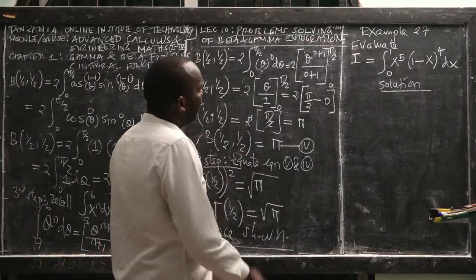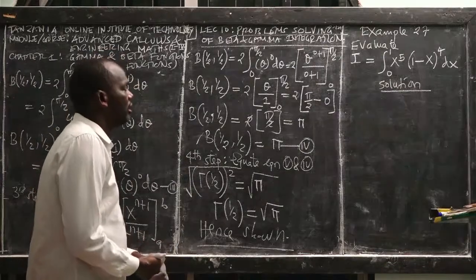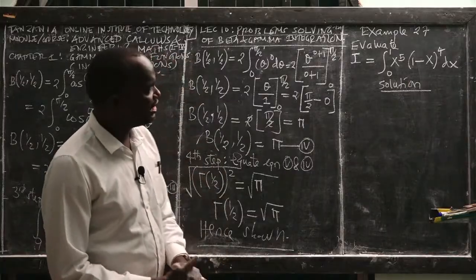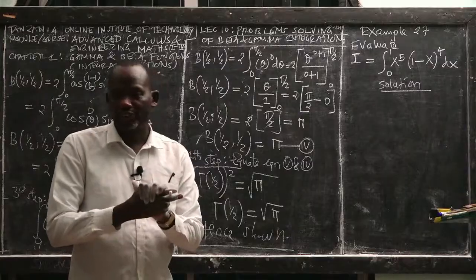Solution. Before you solve beta integral function, please examine the format, whether it is in Cartesian form or it's in trigonometric form.